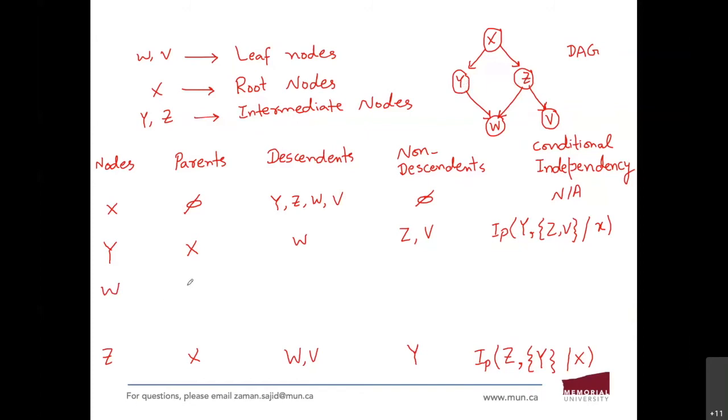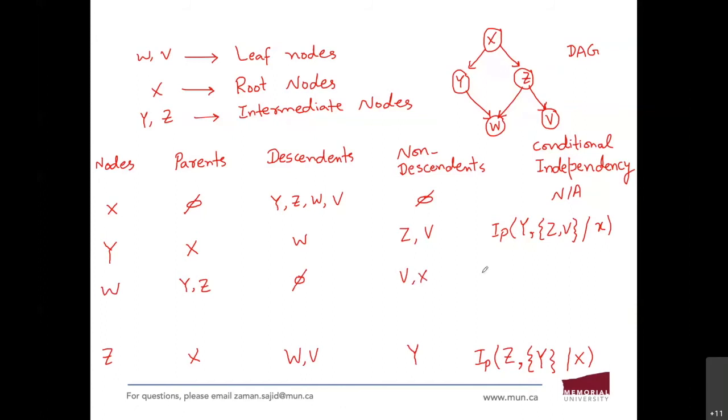So I will have Y and Z. Now for W, there is no descendant here, so it will be an empty set. For W, the non-descendants are V and X, because there is no immediate link between them. So this should be my V and X.